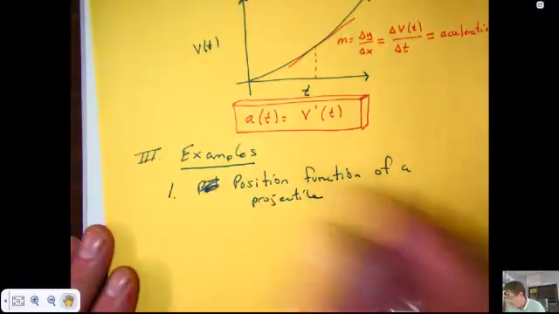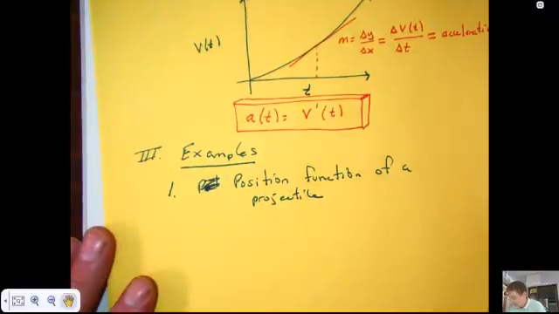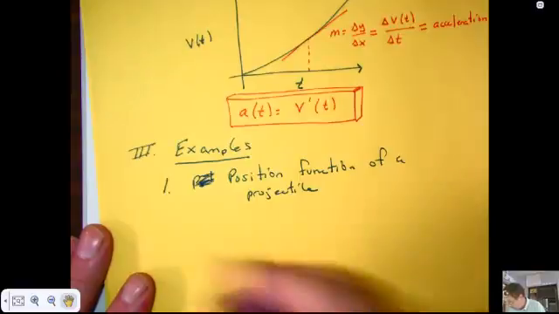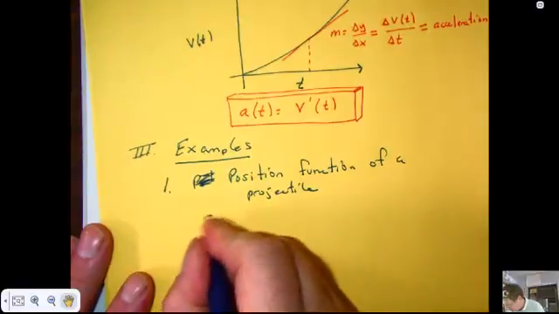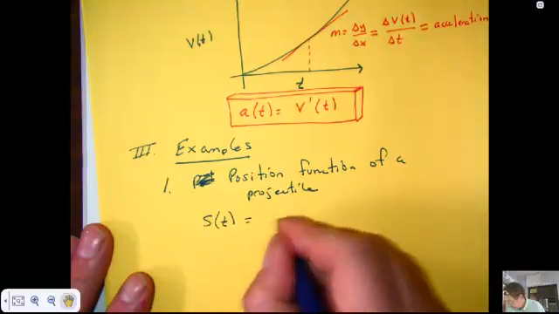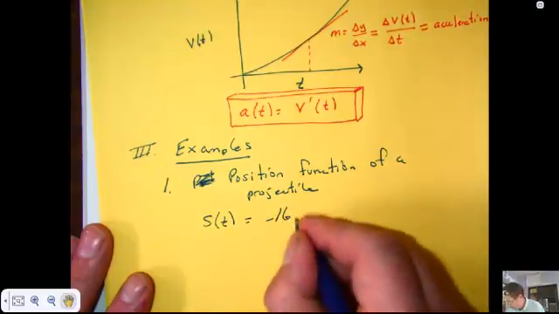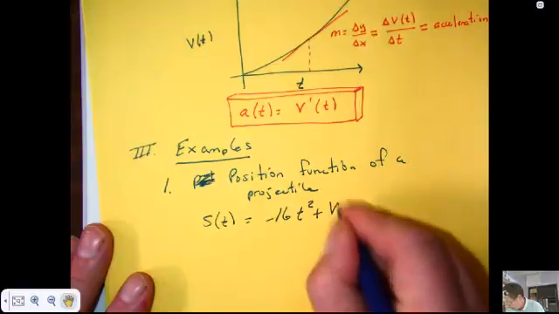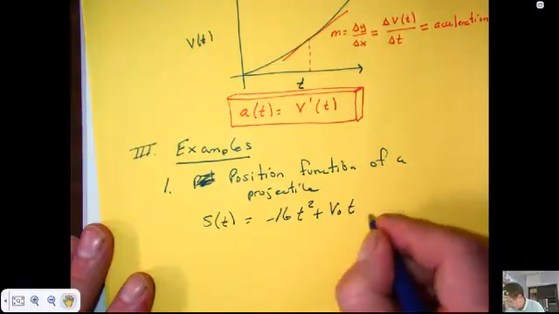You're given this, and it's nothing you would be expected to know from before, although if you've had physics, it's from physics. s of t is negative 16 t squared plus v sub 0 t plus s of 0.